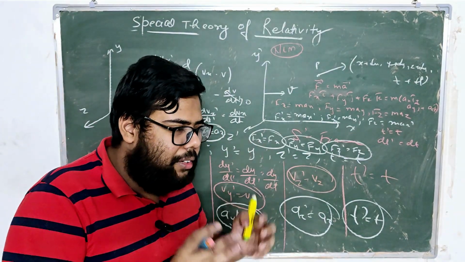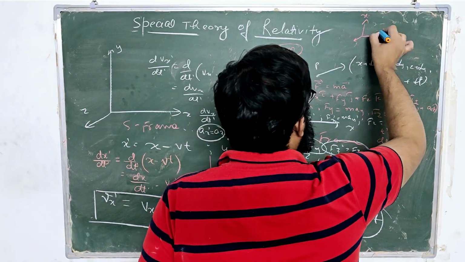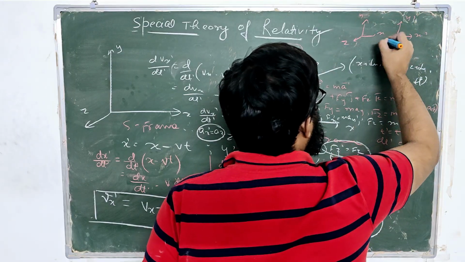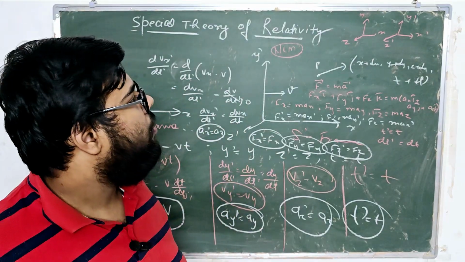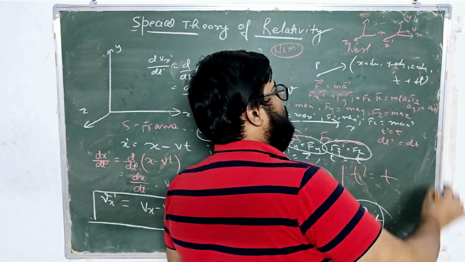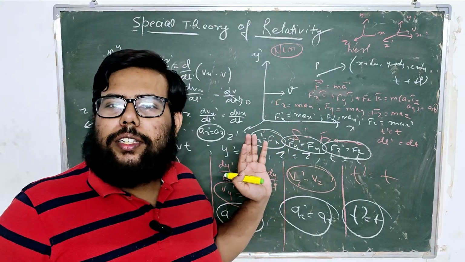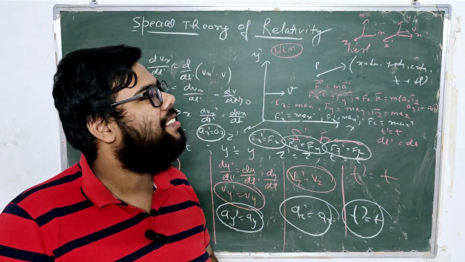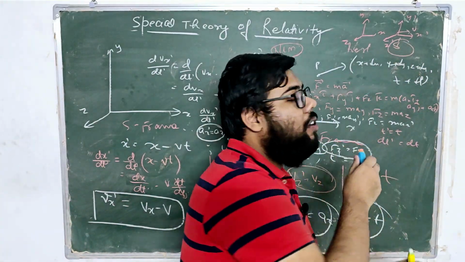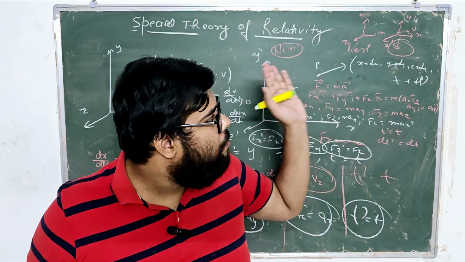Now one thing more I need to tell you. Suppose this is a frame x, y and z, and this is x', y' and z'. Now this is at rest, and this was in motion with a constant velocity. So be it any inertial frame of reference, this S' frame will always remain inertial with respect to all inertial frames of reference, whatever be the velocity.